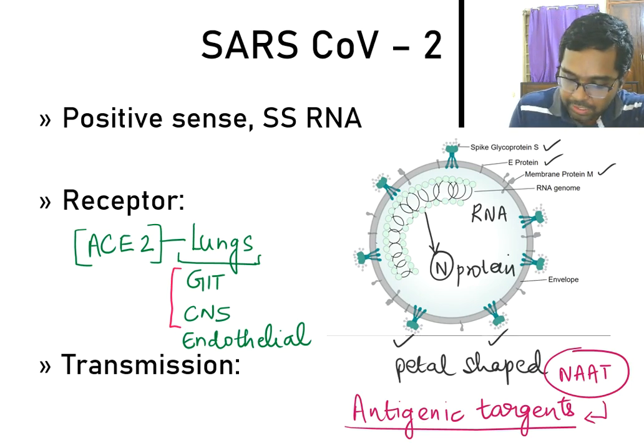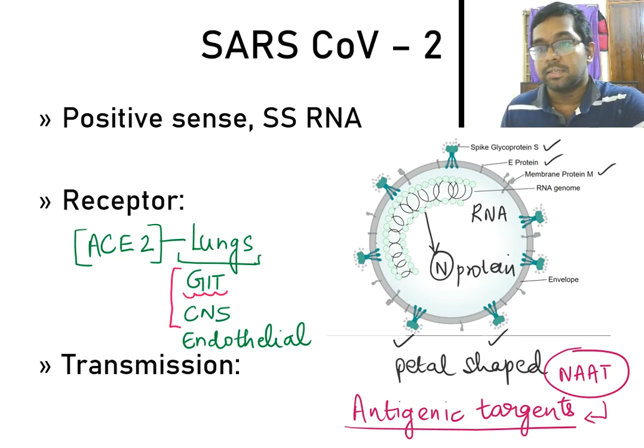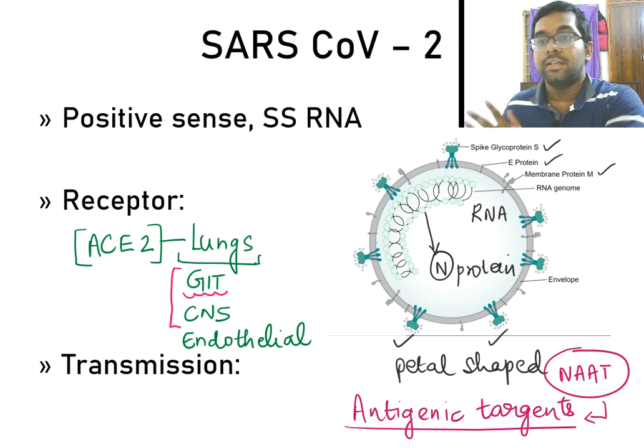In fact, gastrointestinal tract expression of ACE2 receptors is important in the pediatric population, because in certain studies of COVID-19 infection in pediatric patients, they found that some children can present with gastrointestinal manifestations like vomiting, diarrhea and abdominal pain rather than coughing and respiratory distress.